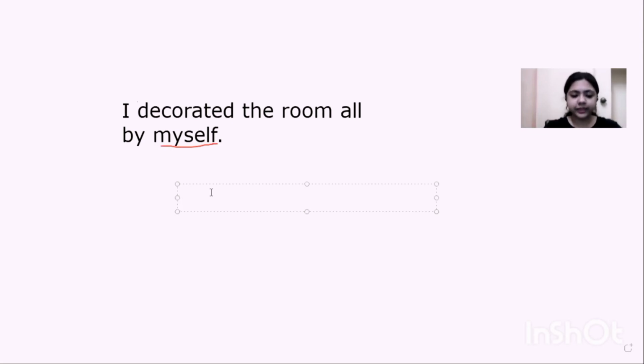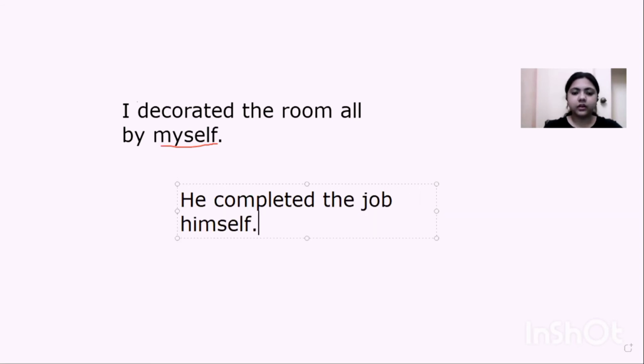Okay, but suppose I say, what was the sentence? He completed the job himself, or he completed the task himself. Now see, if I remove this word himself from it, the sentence is complete. So if we add himself here, it is working as an emphatic pronoun.